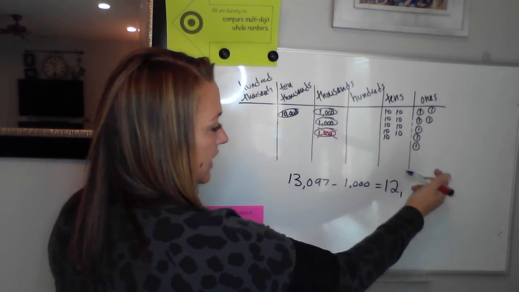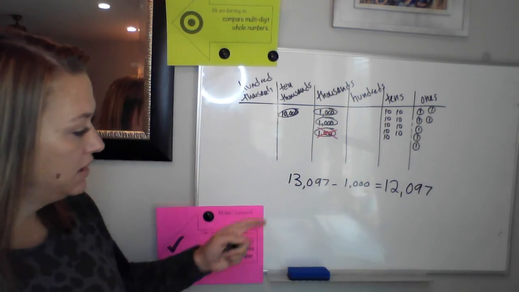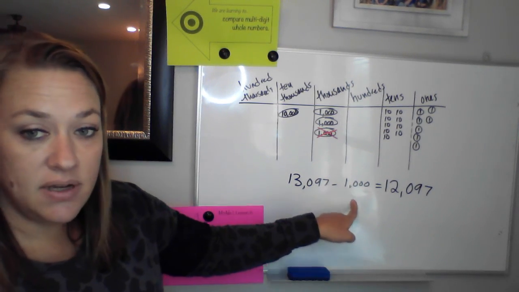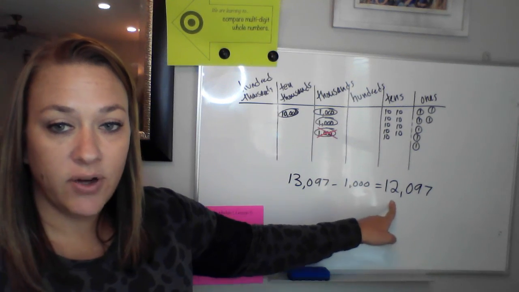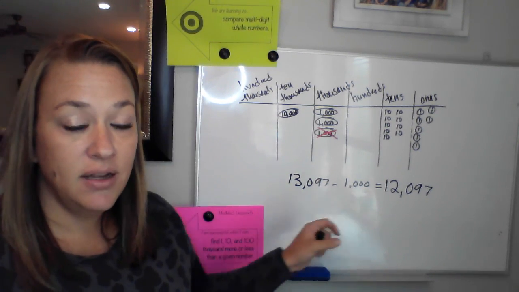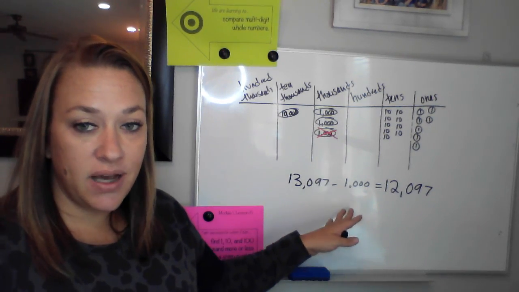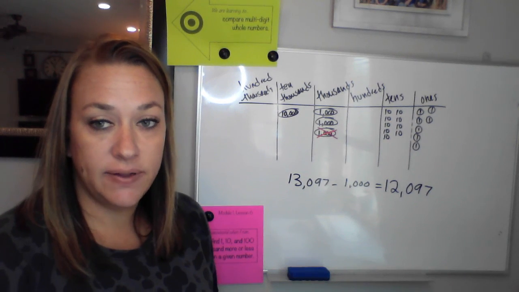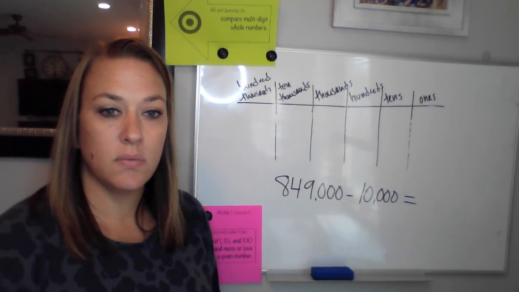So I still have my 97. Okay. So 13,097 minus 1,000 is 12,097. So we just took one away from the thousands place. So we could say 13,097 is 1,000 more than 12,097.